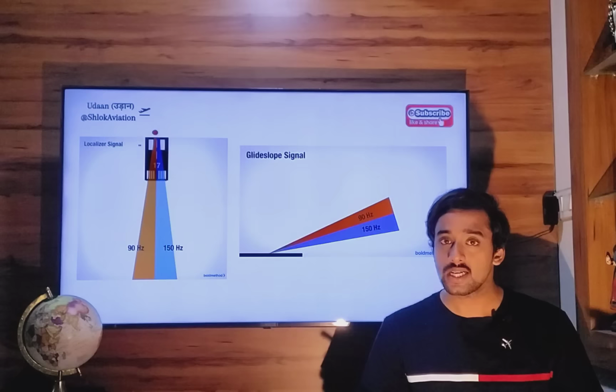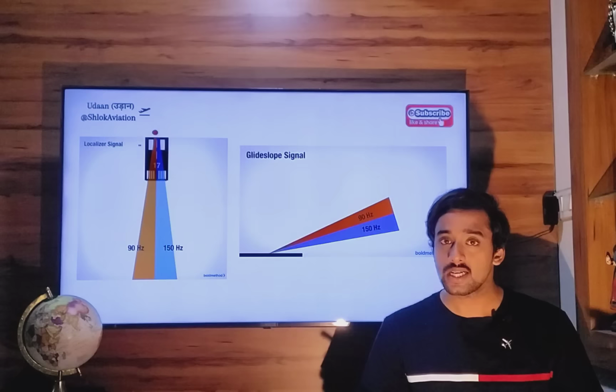Now, ILS is subject to false glide paths resulting from what? Spurious signals reflected by nearby obstacles, multiple lobes of radiation patterns in the vertical plane, backscattering of antenna, ground returns ahead of the antenna. So remember, this is your localizer signal.